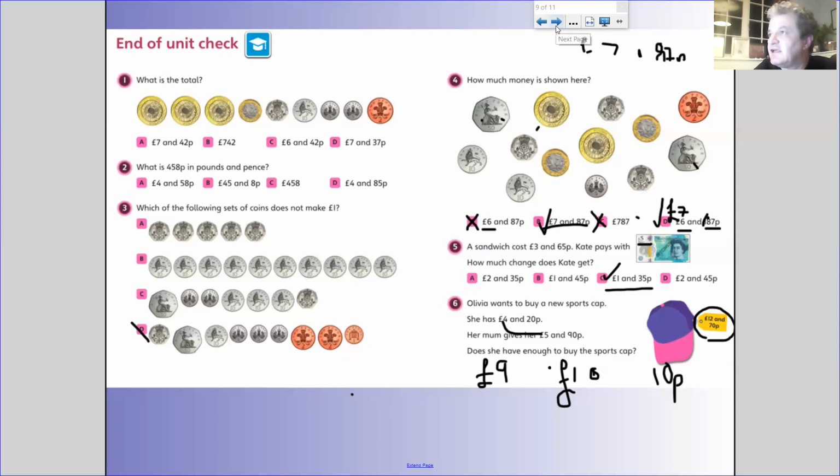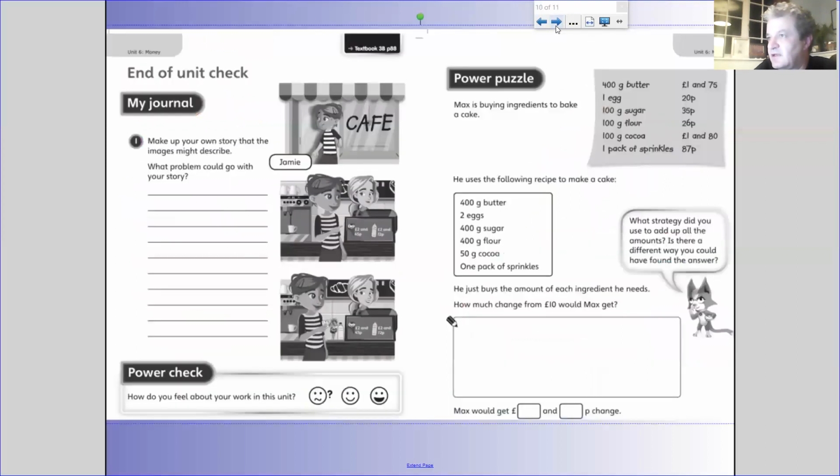Okay, your money questions. What I would like us to do now is to have a go at some of these. Now, this one allows you to be a bit creative. We've got some prizes here. We've got our character, Jamie. You can look at the note he's got in his hand.